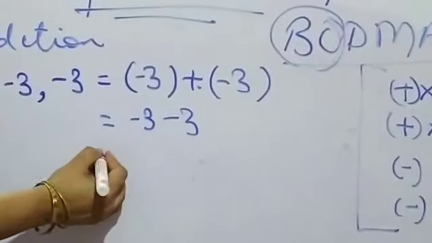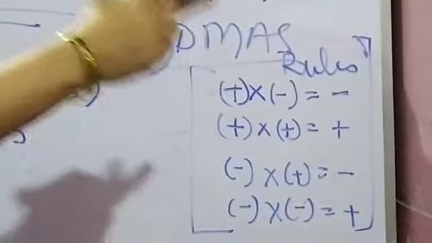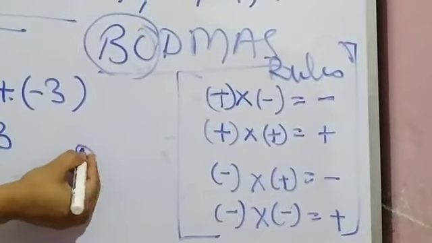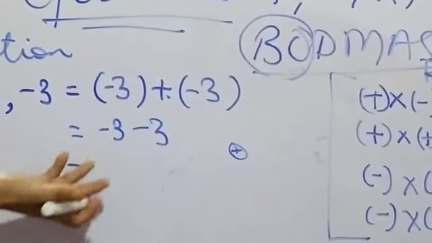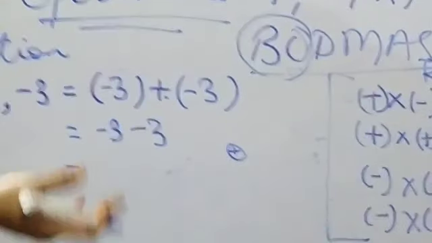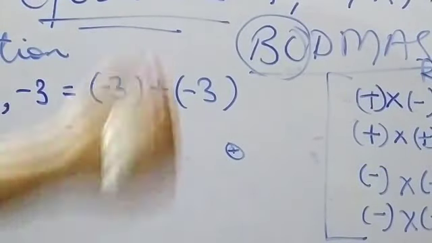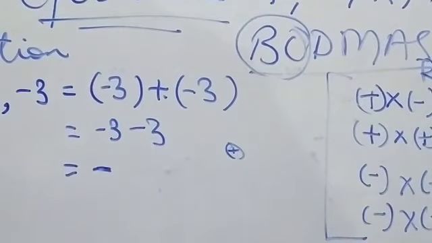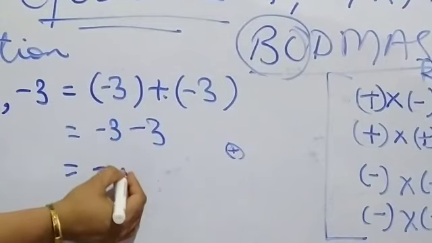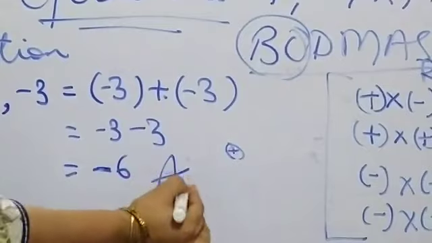Clear? This is equal to minus minus 3. Minus minus, we have to do plus. Now the sign: here both numbers are equal, and if the minus sign is there, we take minus. So the sign will be minus, but the operation we do with it is plus. So 3 plus 3 is 6. Yes, this is the answer.